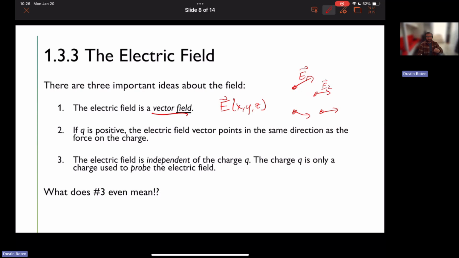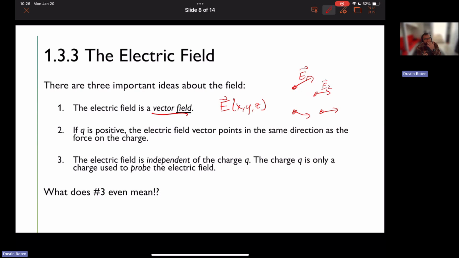Okay, so that's what I mean by a vector field. This E(x,y,z) equation is going to give us the magnitude of a vector at any of these points. And again, this sounds nebulous, but we're going to get to some really good graphics here in a little bit that sort of shows this idea.